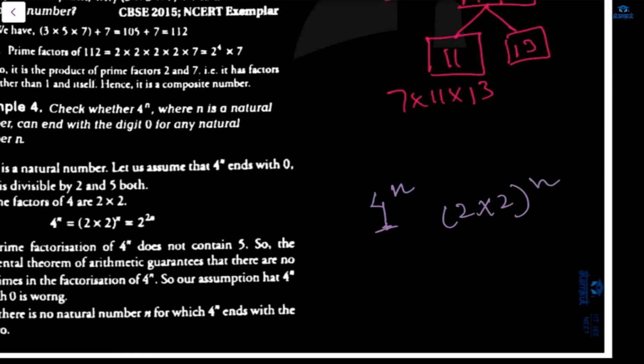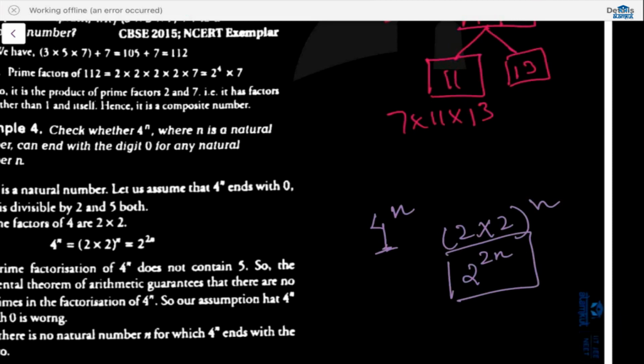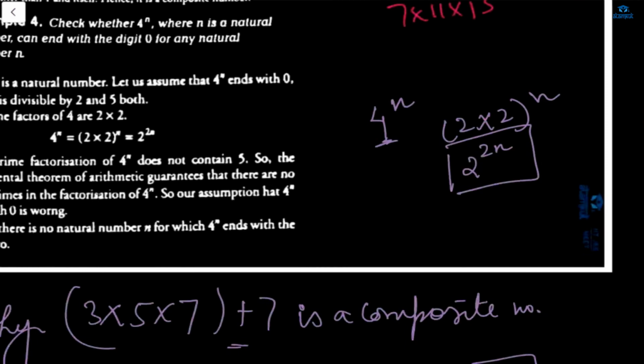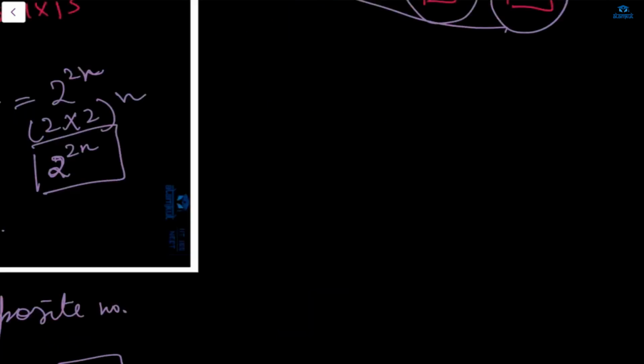And 2 to the power 2 you can write, so 2 to the power 2n. Will this number ever end with 0? There only 2 is there. If a number is ending with 0, like 10, 20, 50, 60, all the numbers which are ending with 0 have factors 5 and 2.